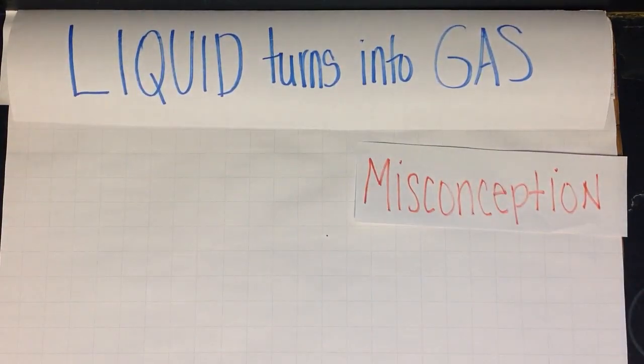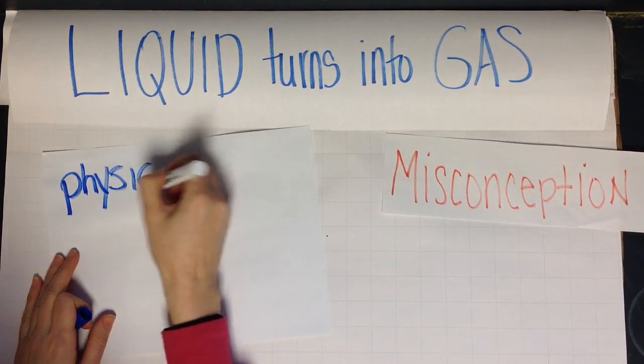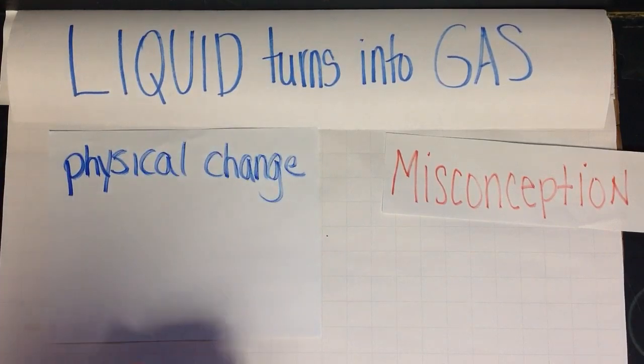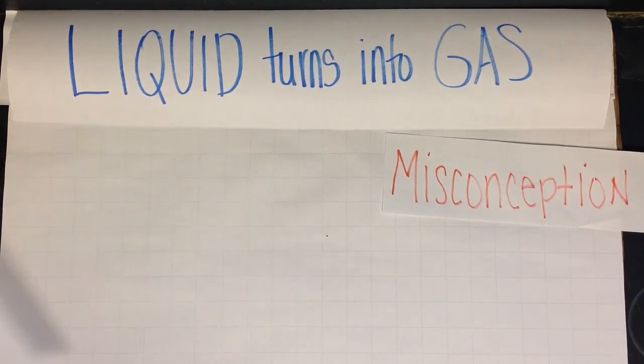Now, because the molecule stays intact, this is considered a physical change. When the liquid turns into a gas, it's a physical change, not a chemical one. If it was chemical, then we'd be getting new stuff, and stuff would be breaking off. But since everything is staying intact, the atoms haven't broken off, it's just a physical change.